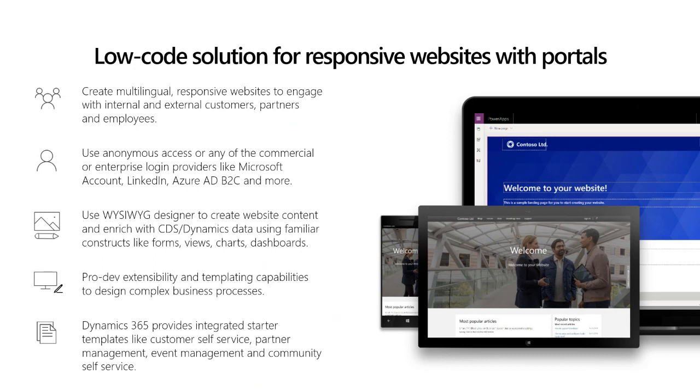Okay, so you can use anonymous access, or you can interact with your commercial and enterprise login like your Microsoft account, linking Azure and B2C, the kind of standard services that you have. Okay, and it really uses what-you-see-is-what-you-get design to create web content.